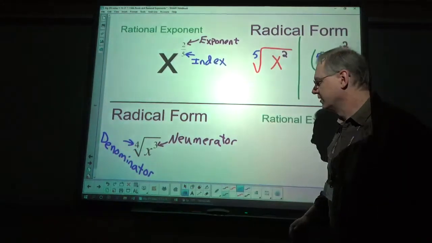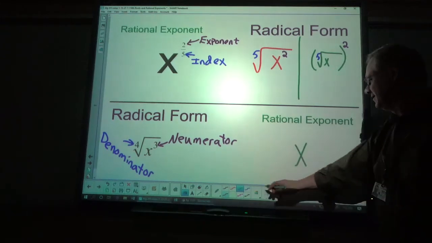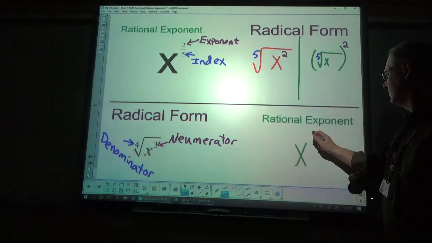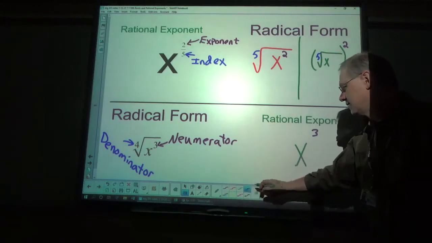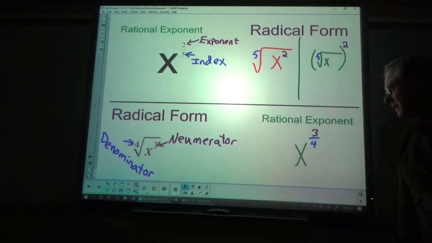Boy, I hope I spelled that right. All right, so x to the 3/4 power. X to the 3/4 power.